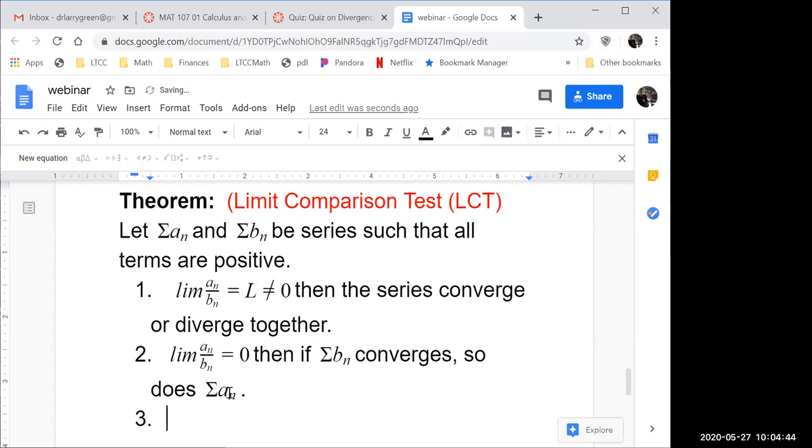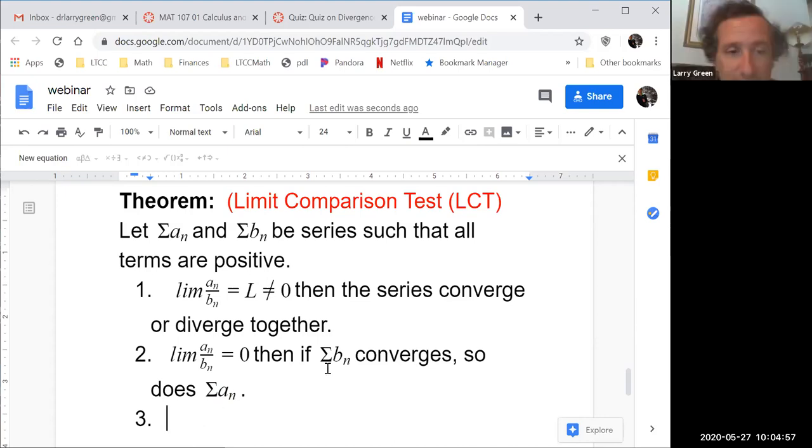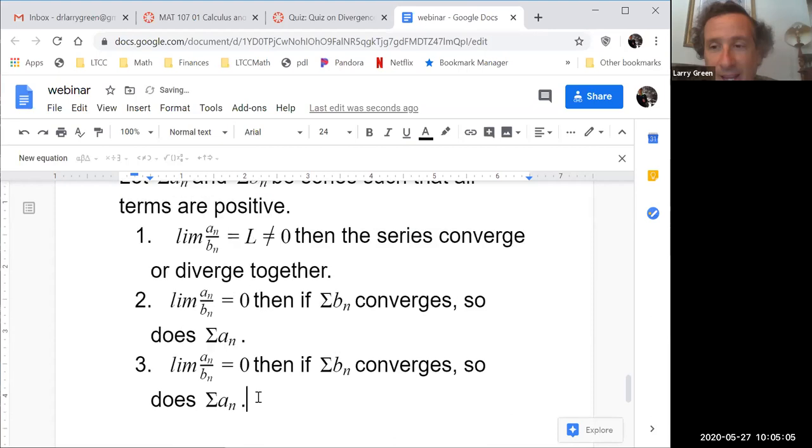Any questions on that? Okay, so if the limit's 0 and bn diverges, that means we know nothing. So that means this test didn't work. And that happens a lot. You don't know anything.